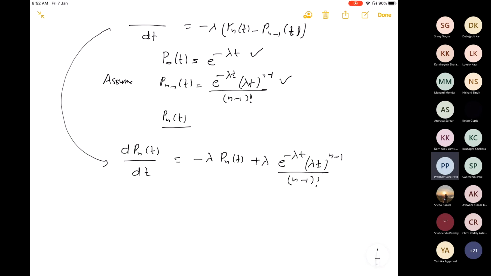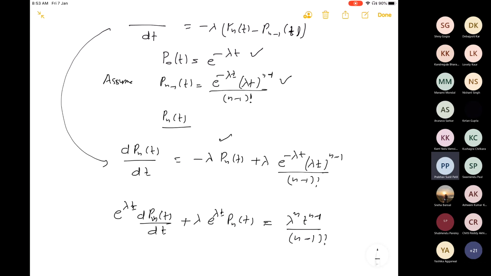So multiply with e raised to power lambda t: e raised to power lambda t dPn T upon dt plus lambda e raised to power lambda t Pn T, and we are left with lambda n t n minus 1 upon n minus 1 factorial.